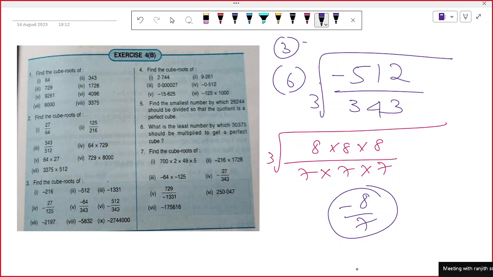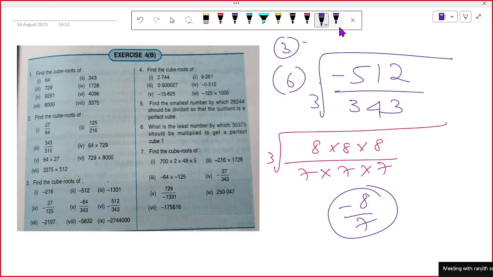Correct. Okay, remaining questions, you'll try. Fourth main, any one question.